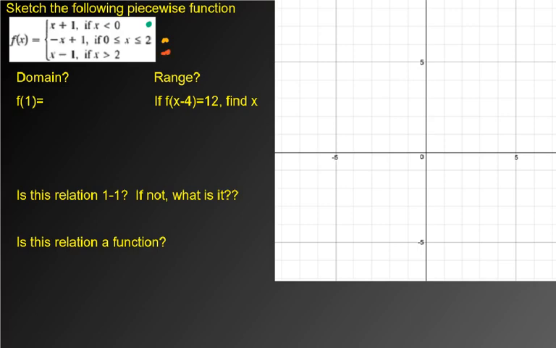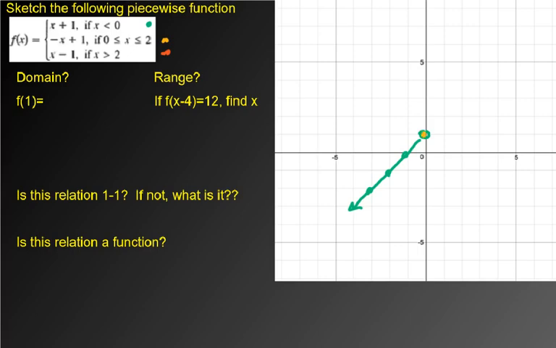So what did I just say? 0 plus 1 is 1. So right there, open circle, because it's a less than. And the slope is just 1, so we just do that. That has slope 1. Then in yellow, I'm going to basically just take these two numbers and plug them in and connect the dots, because it's just a line. So 0 plus 1 is 1.